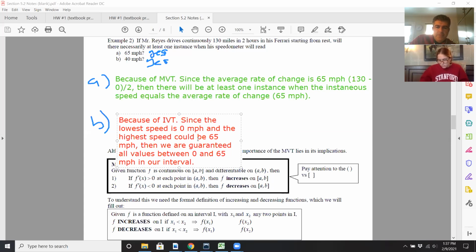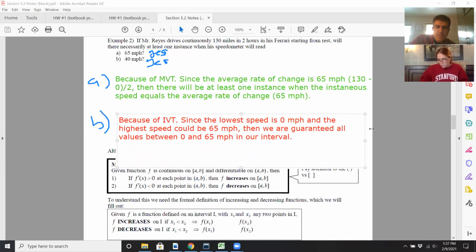Okay, let me size that just a little bit.